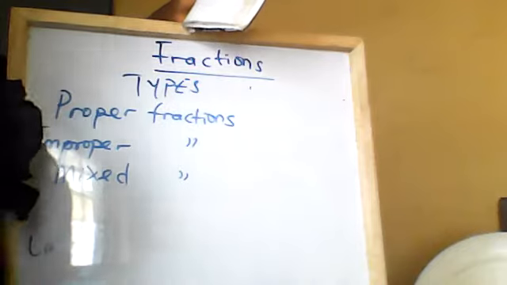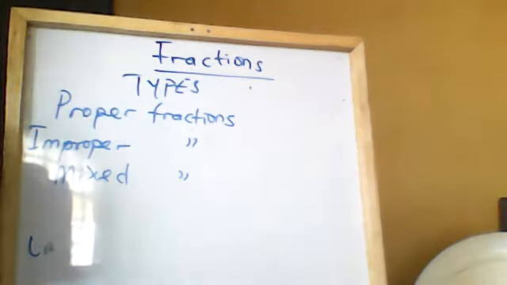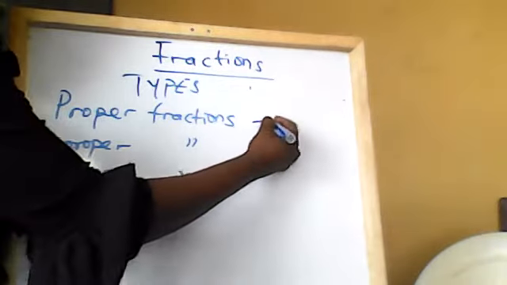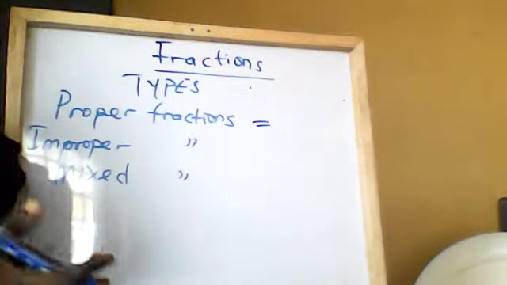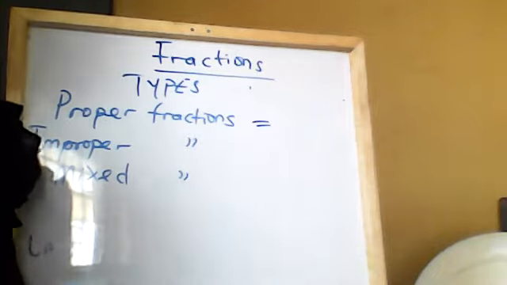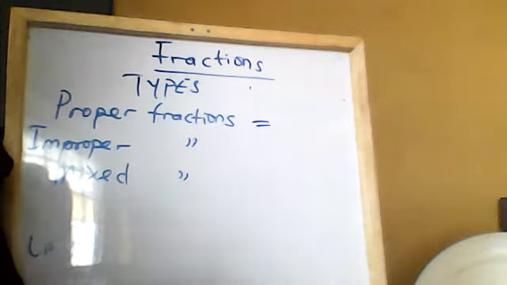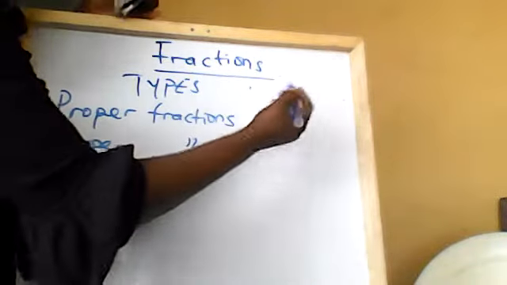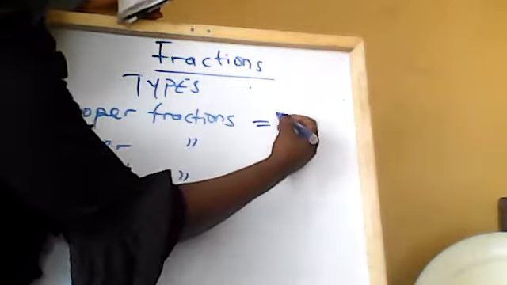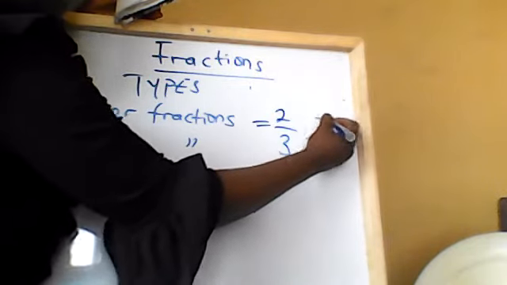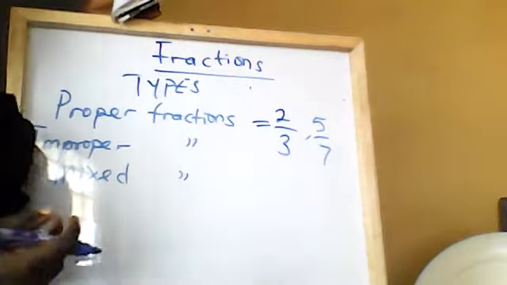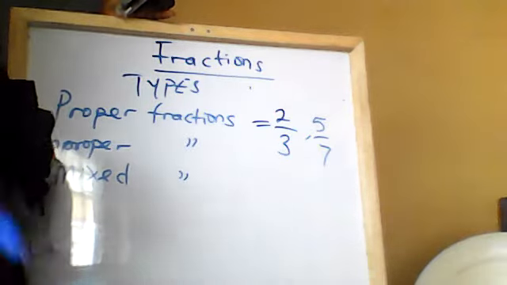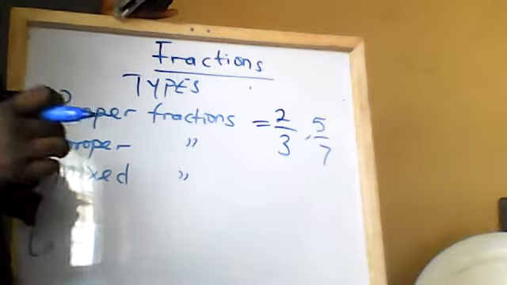Proper, as the word implies, it is proper, it is normal, it is correct. I like to break down words in mathematics to simple words that we can relate with. Examples of proper fractions will be 2/3, 5/7. In short, any fraction where the numerator is less than the denominator.